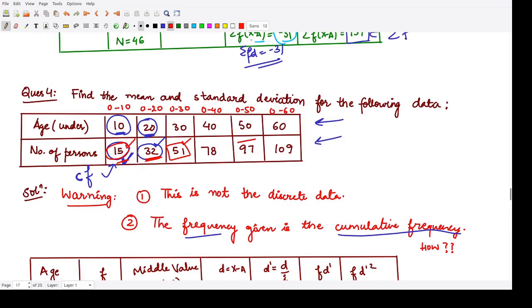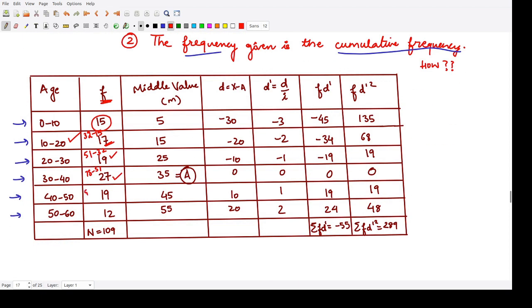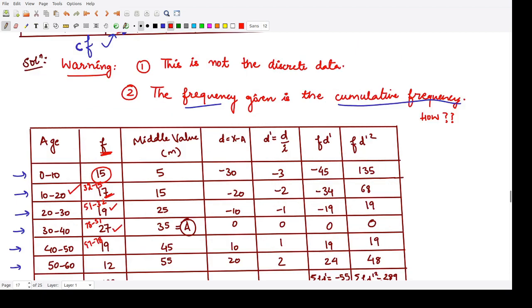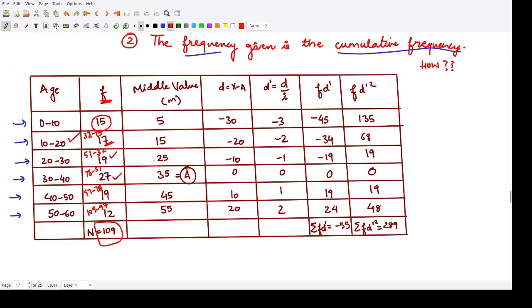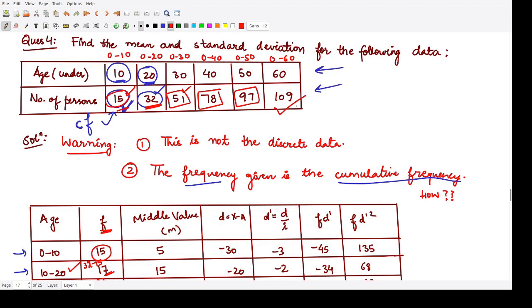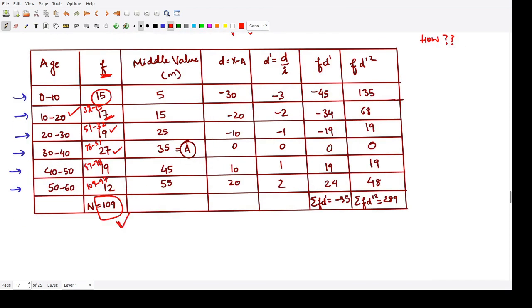Then you have this 97 minus 78. And then you have 109 minus 97. So that is 12. So when you add up all this, you see this is same as this last quantity. So that is the meaning. This is cumulative frequency sum is equivalent to the sum of total frequency.